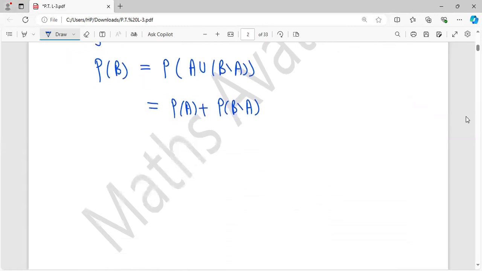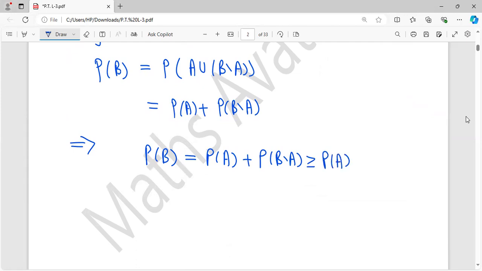So what we have is: probability of B is equal to probability of A plus probability of B minus A. This will be greater than or equal to PA, because probability is always a non-negative function.